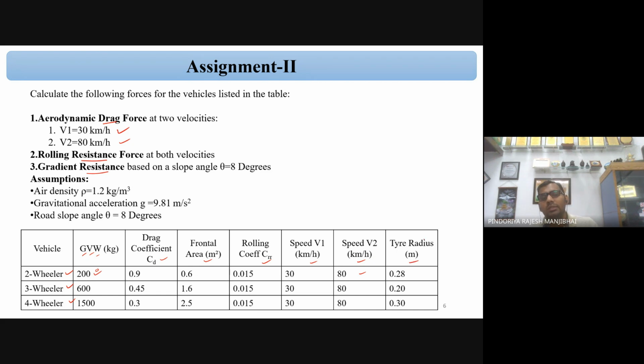You have to calculate these three parameters, and all are forces.